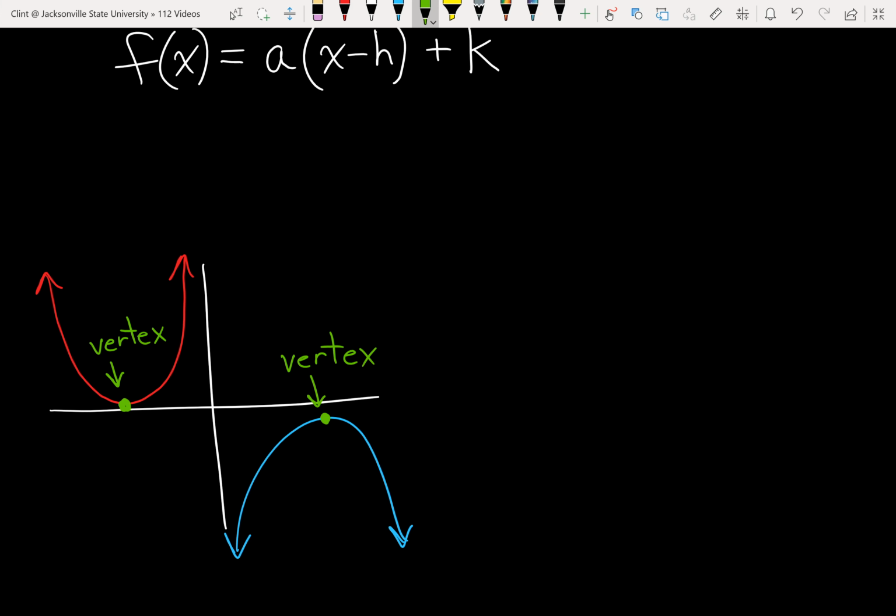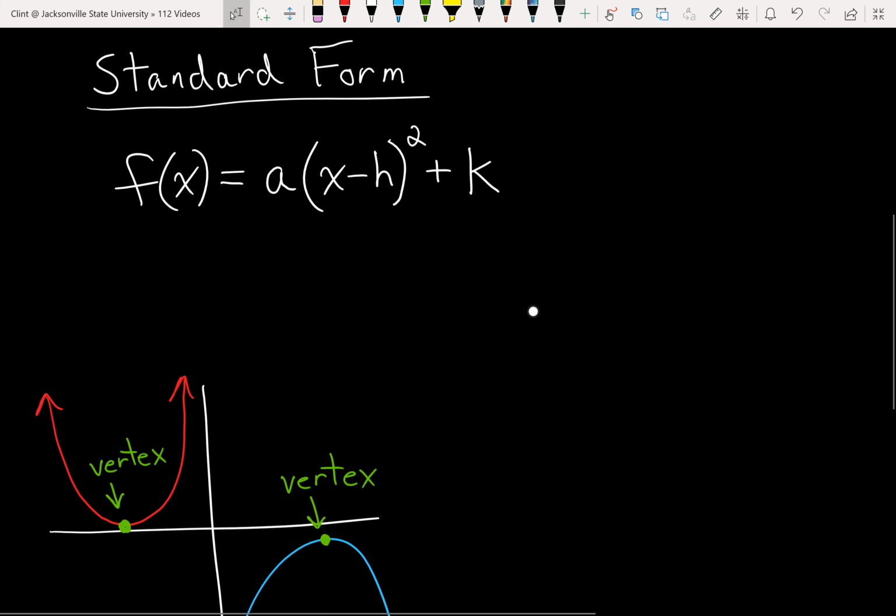And so it's either the very lowest or the very highest point on the graph, depending on if the parabola opens upward or downward. And the thing about putting our function in this standard form up here, or if we have one given to us that's in standard form, is we can read off the coordinates of the vertex.